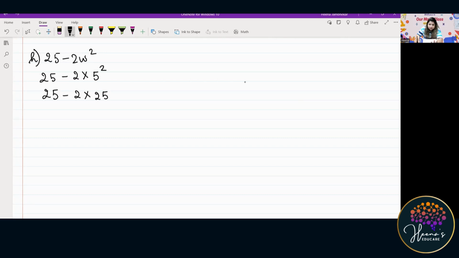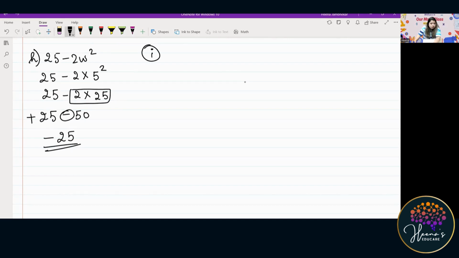Operation would be either division or multiplication first. So you have a multiplication here. So I'll do 25 minus 25 into 2 gives you a 50. Same signs or different signs? The answer is different signs. So for different signs, what do you have to do? You have to subtract. So once you subtract, you get a 25 and you put sign of the greater number, which is minus. Answer is minus 25.